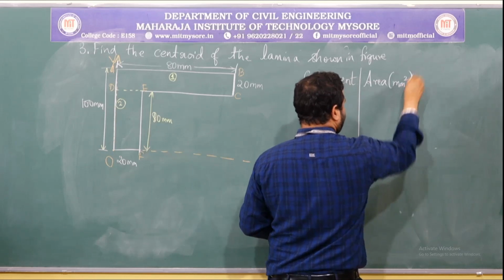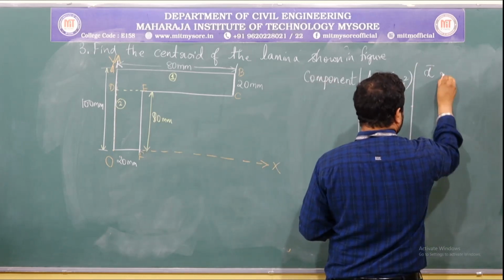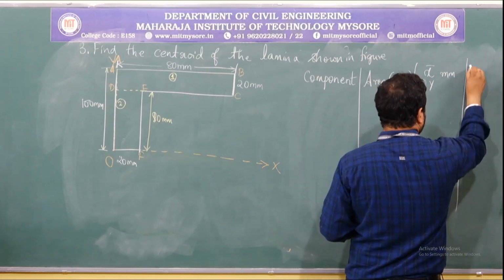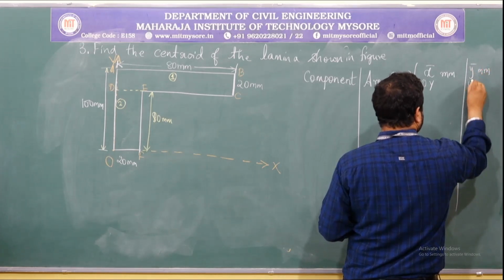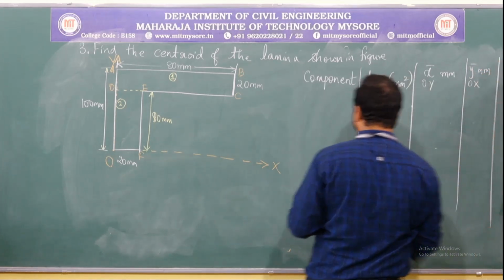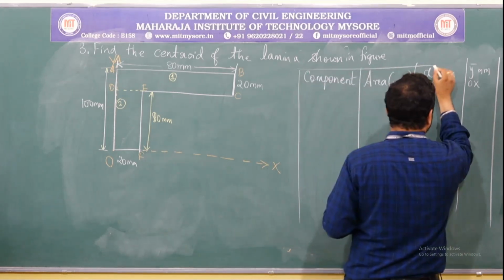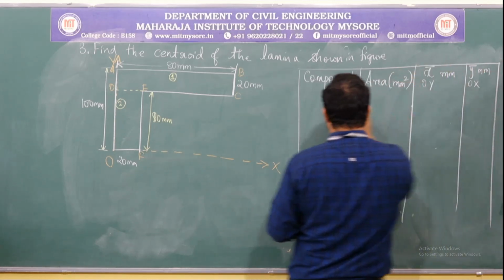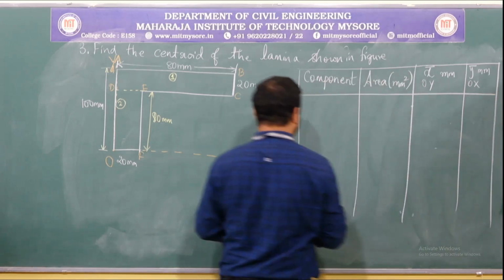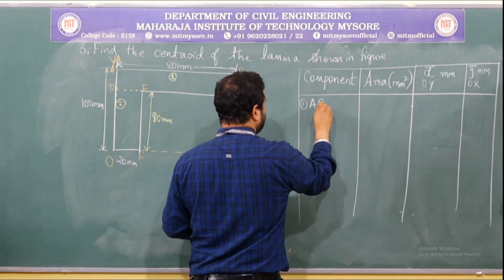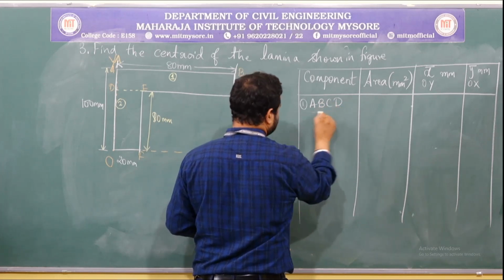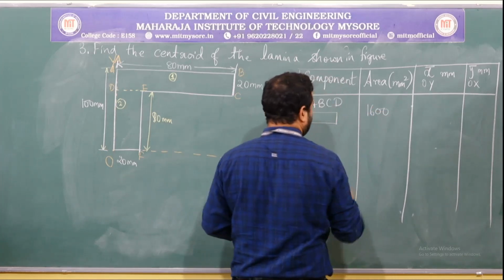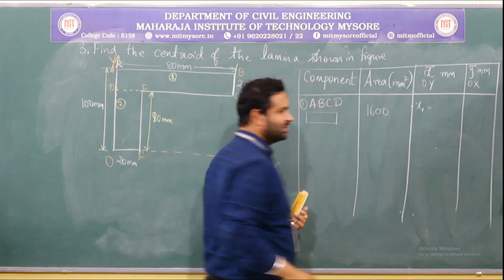Area mm square, x bar in mm with respect to OY axis, y bar in mm with respect to OX axis. So component 1 is AB, CD, the orientation of rectangle is like this, area 1600, and x1 is to be measured from which axis?